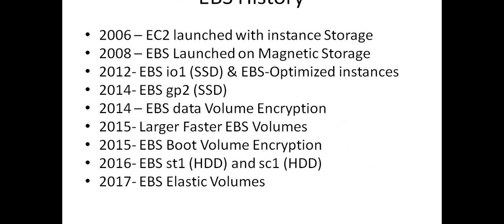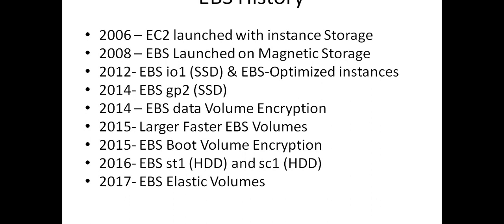Now, EBS history. In the year 2006, EC2 launched with instance storage. Instance storage is temporary storage which you get with some instances, and once you stop the instance, all the data will be deleted from the storage.